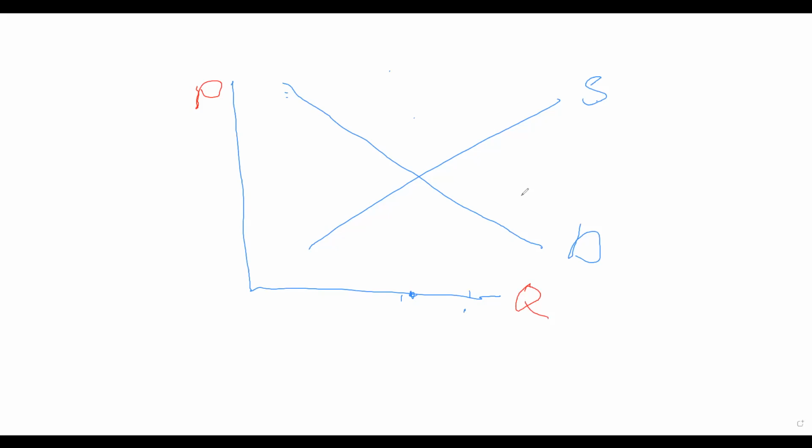I'm leaving this for your thoughts. So again, assuming that minivans are normal goods, the reduction in income will shift our demand, thus reducing the demand. And we will have both lower equilibrium price and equilibrium quantity.